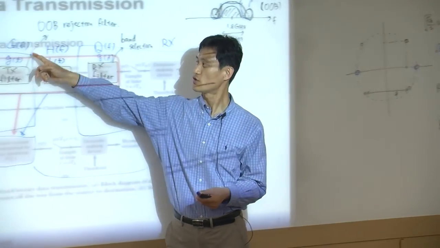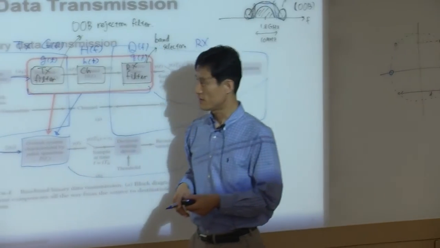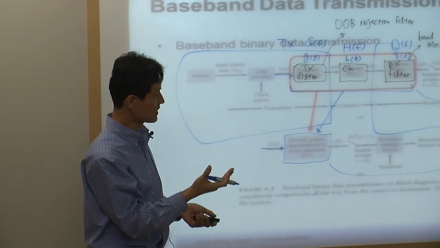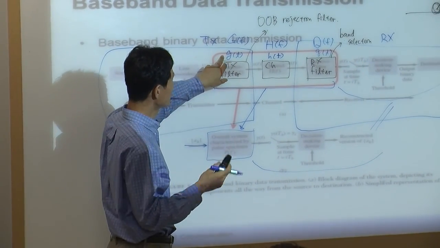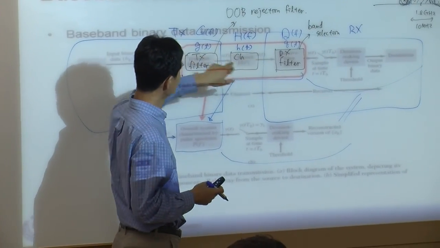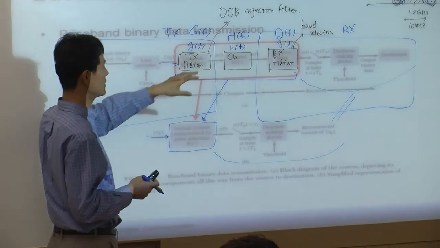Same way, GF, HF, QF. Simply, that's the response. At this point, we don't know what it is. We don't care what it is, but there is an impulse response because this is a filter and channel.